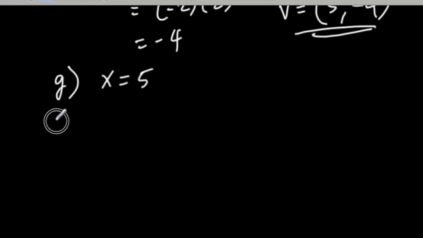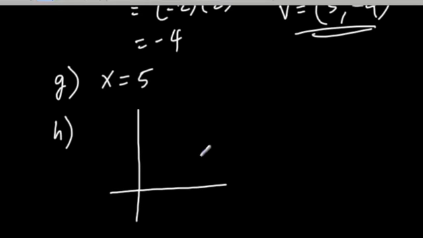And finally, H says sketch basically this whole thing. So let's do it. So here we have something like this, something like that. Now let's get the points. One x-intercept is 3. Another x-intercept is 7, right?